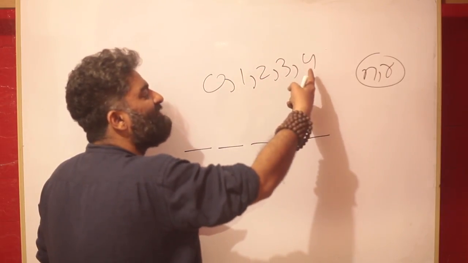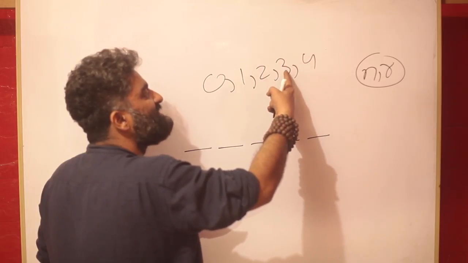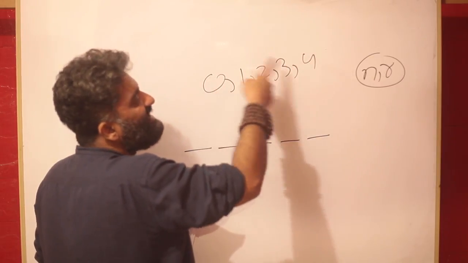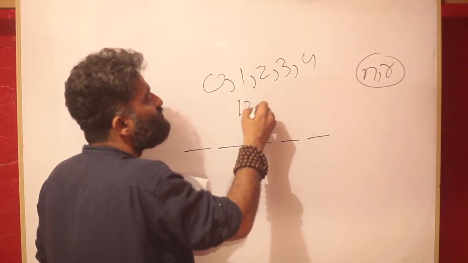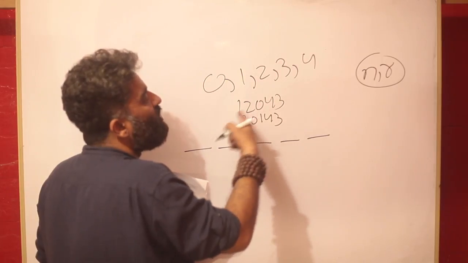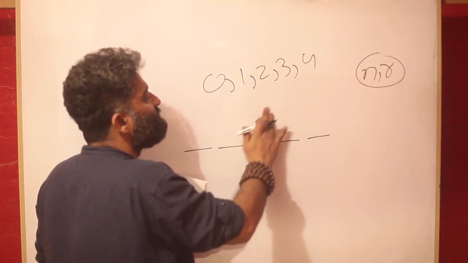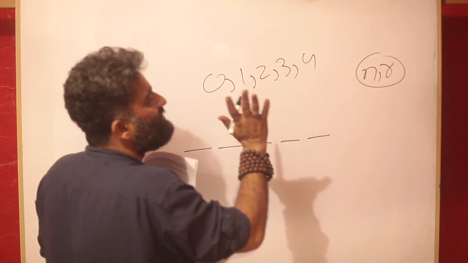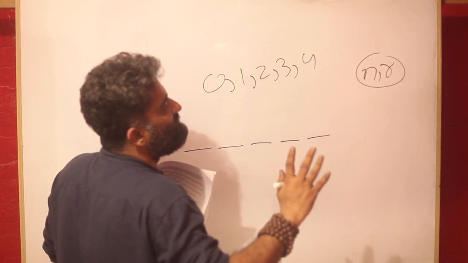But the sum will always be the same, 4 plus 3, 7 plus 2, 9 plus 1, 10, right? Any number that you form, for all of them, the sum of the digits would still be the same, 10. And 10 is not divisible by 3.